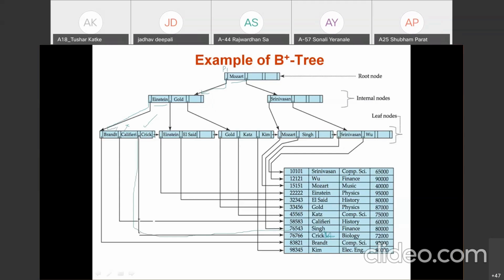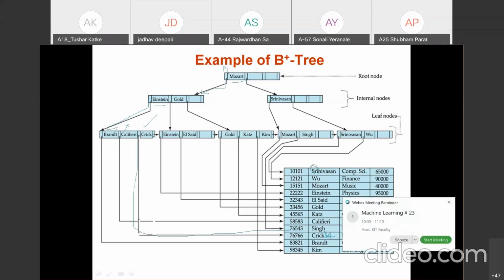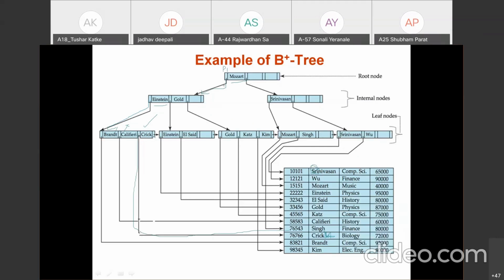Have you understood how to locate a record with the B plus tree index? Another example, suppose I want to find a record with Srinivasan. So start with the root node. Then follow the pointer. Srinivasan is greater than Mozart, and that's why follow this pointer P2, and then it points here.